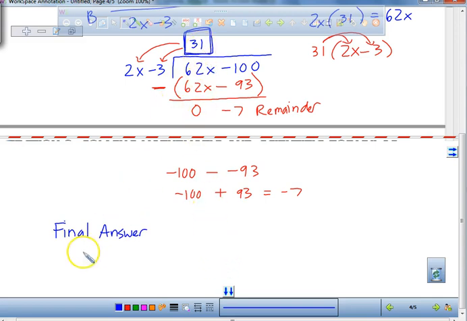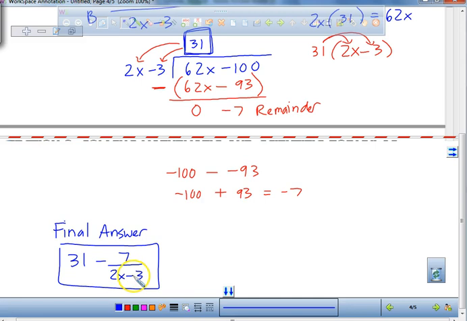It went in a whole 31 times. And what was our remainder? Negative 7. So we're going to put negative 7 over 2x minus 3. There we go. That's how you write your final answer.